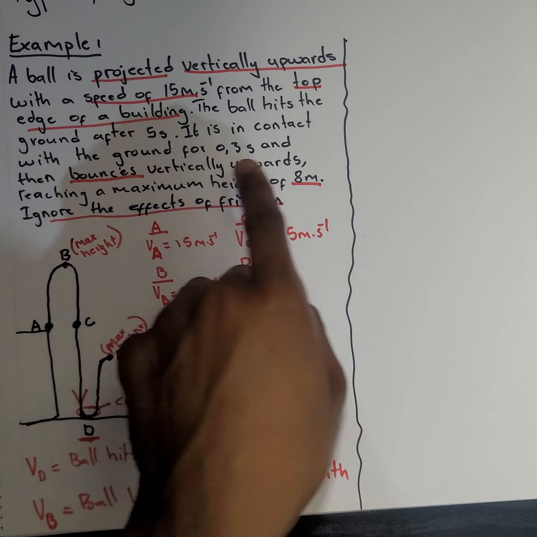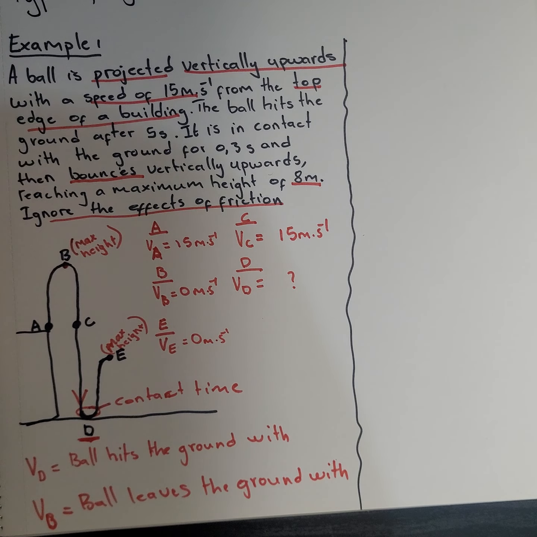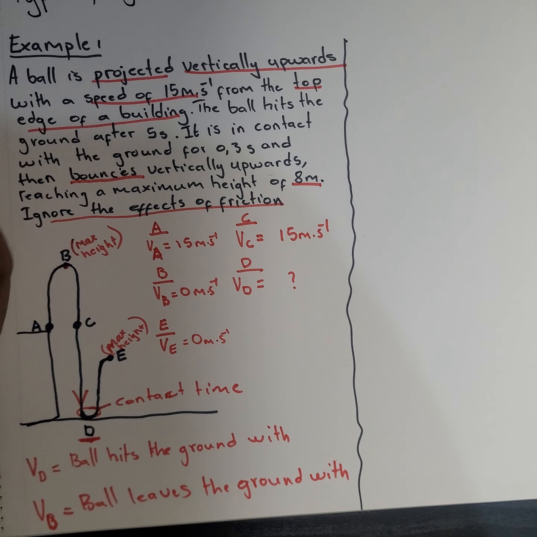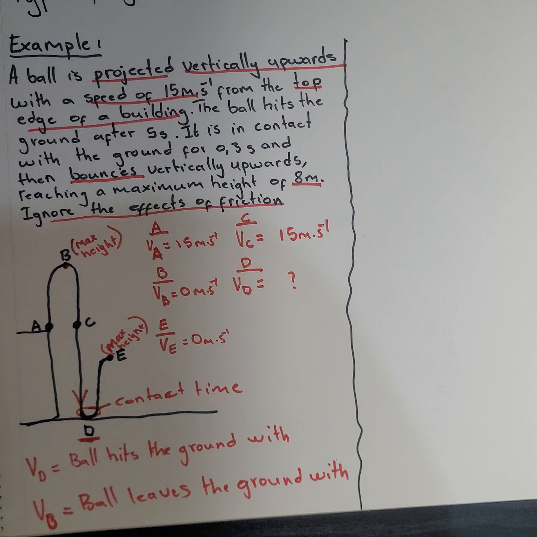Given this contact time, the examiner can further say, go and calculate the net force. And we know how to calculate the net force from impulse and momentum. So we'll look at that as we get to that problem.